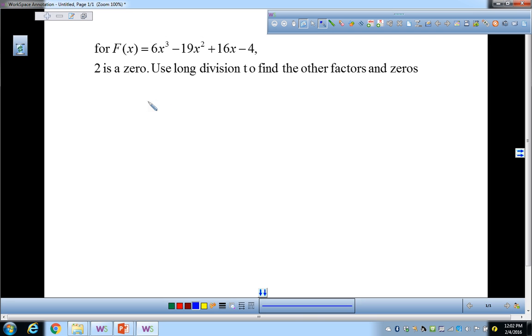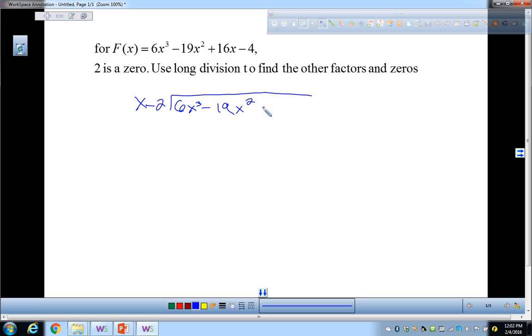So, if I am doing long division, okay, first of all, why am I putting a square root thing? If 2 is a 0, that means that x minus 2 is a factor, right? So I'm going to divide x minus 2 into this thing, okay? 6x cubed, just like you're doing long division with regular numbers, okay? 16x minus 4.